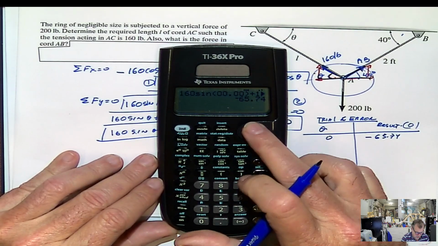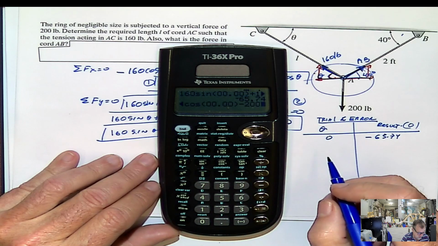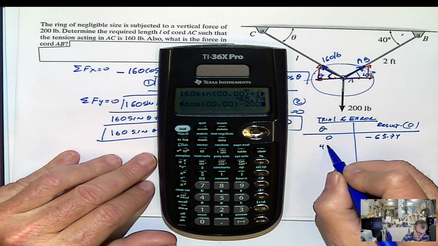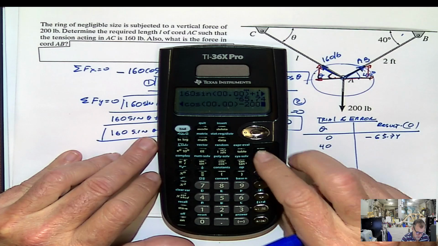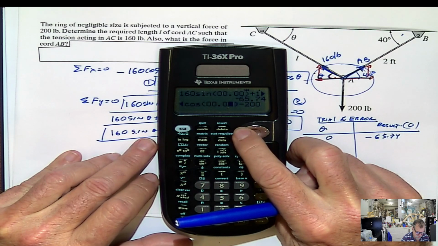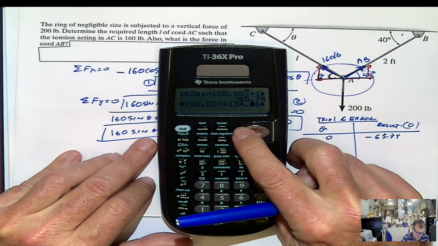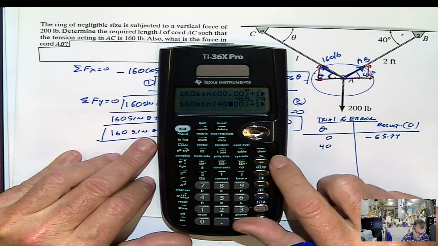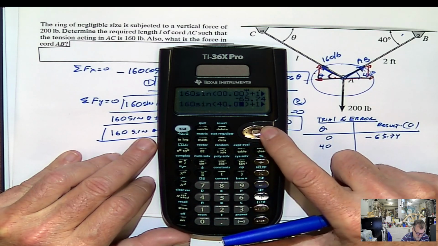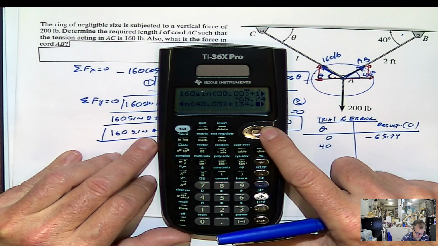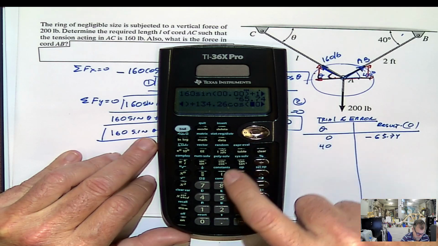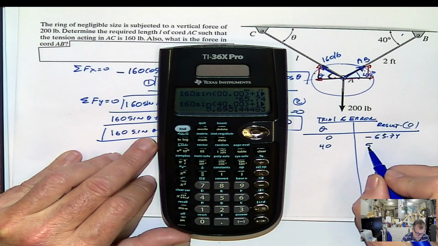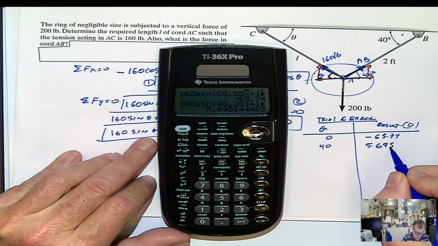Now I'm going to go up and change my guess, and I can try 40 degrees. Wherever I have 0.00, I'm going to copy 40 degrees, and for 40 degrees I get 5.695.